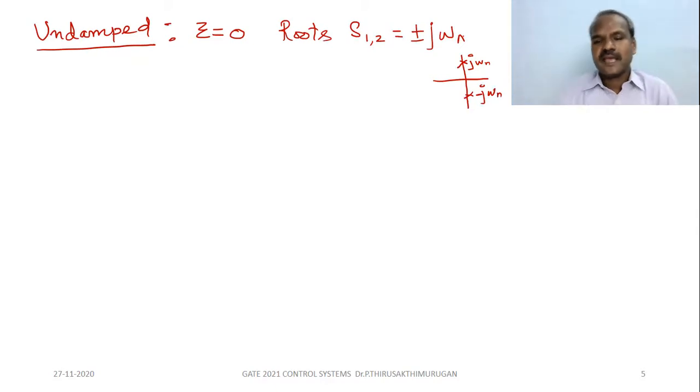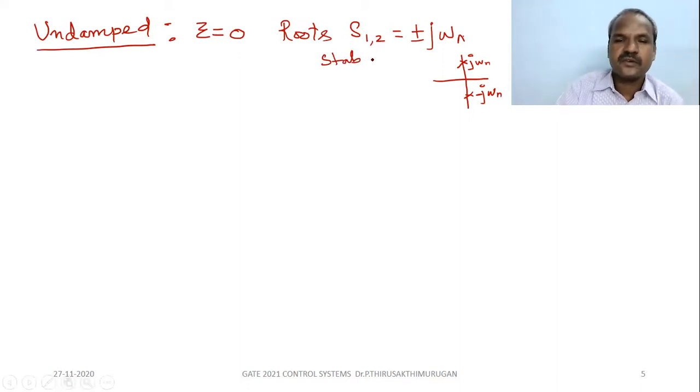So when it lies on the imaginary axis, what about the stability? The stability is marginally stable, right? We will discuss this when we discuss stability concepts. This undamped case does not exist in the practical case.